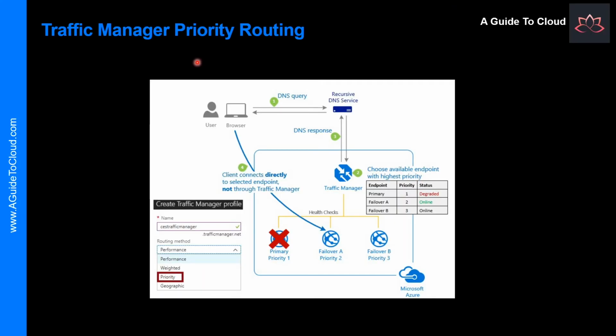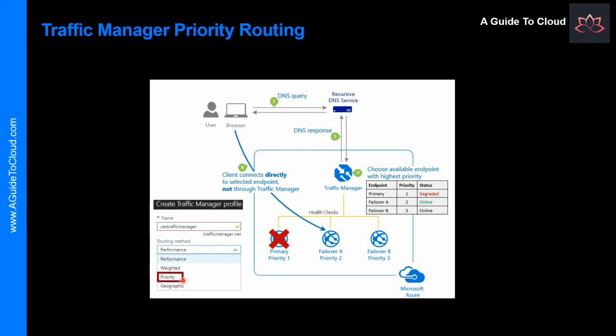So what is priority routing? When a Traffic Manager profile is configured for priority routing, it consists of a prioritized list of service endpoints. Traffic Manager sends all traffic to the primary, which is the highest priority endpoint, first. If the primary endpoint is not available, Traffic Manager routes the traffic to the second endpoint, and so on.